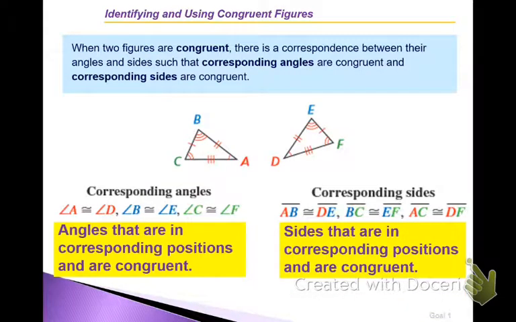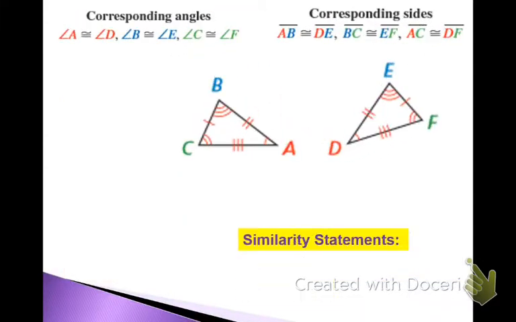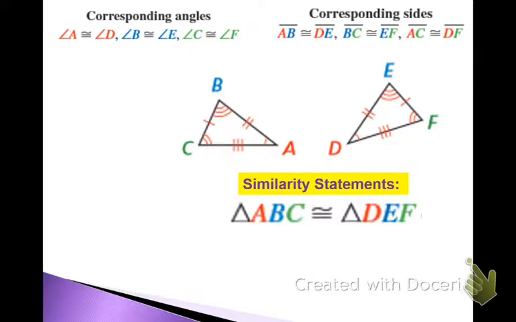All right, and then the last thing is called a similarity statement. It's the bottom box. You would say triangle ABC is congruent to triangle DEF. Go ahead and write this one down. In the similarity statement box, we're going to do a couple of them together.